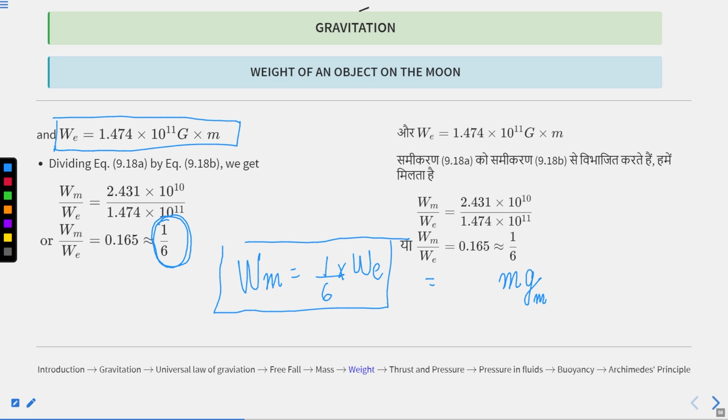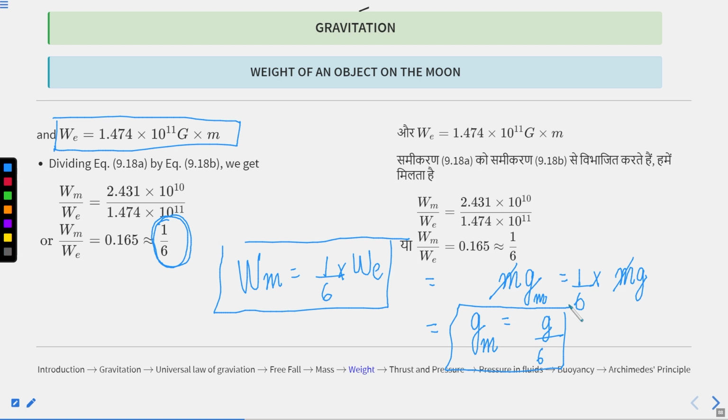Let's suppose the gravitational constant of the moon is Gm, which will be equal to 1/6. Weight on the earth is m into G. Cancel. So gravitational acceleration of the moon is G/6 times, where G is the gravitational acceleration of the earth.